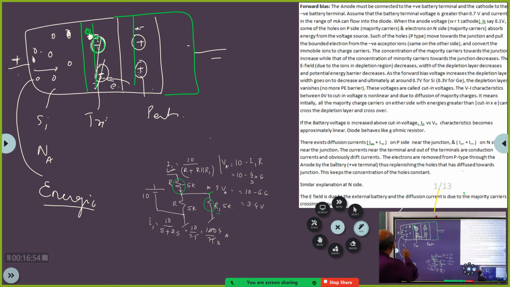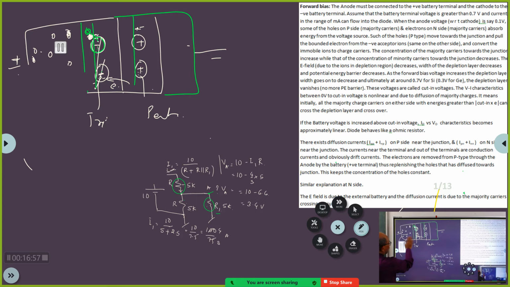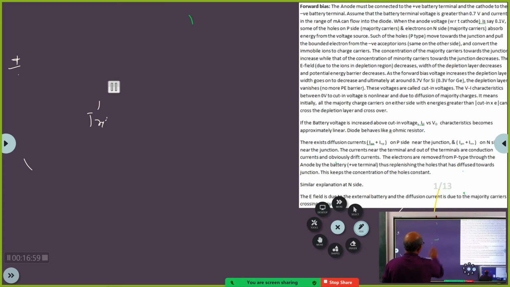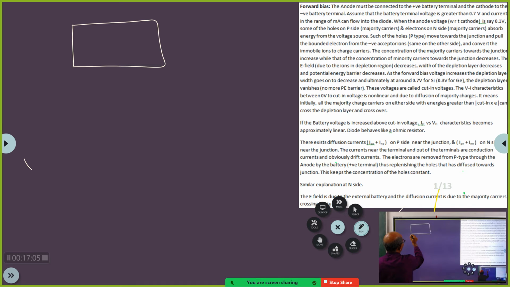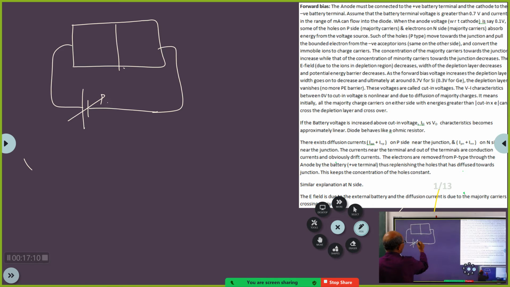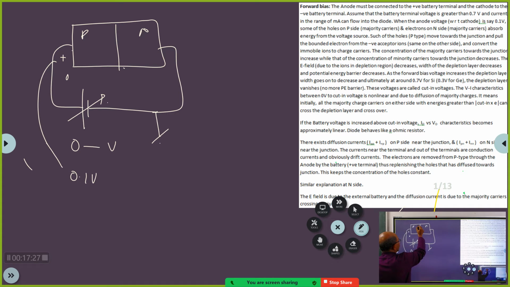Eventually, when this potential... so now I will draw something like this, to make things simple. See, I am increasing this potential from 0 to V. Here, this is P and N. When this potential, with respect to this, which I am taking as a reference, is around 0.1 volts, then this depletion layer, its former width was so much, now its width has become only so much.